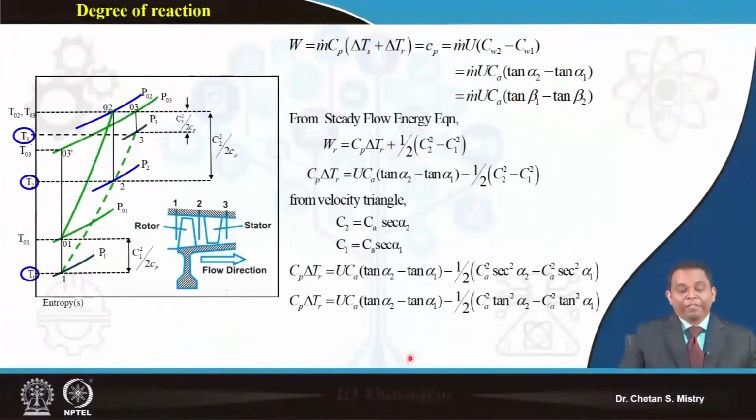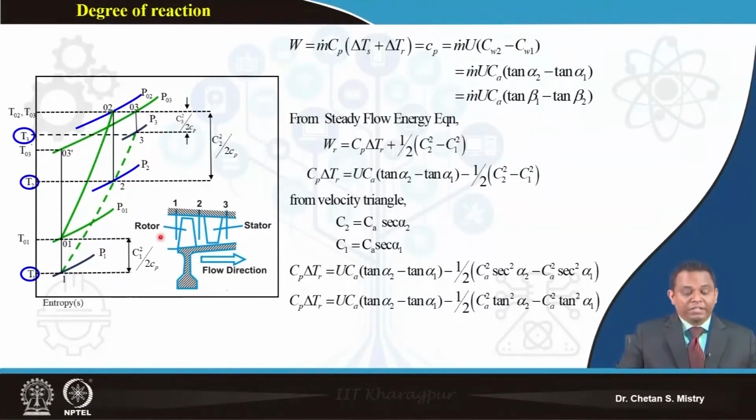From the fundamental equation for specific work, we can write work as m dot Cp delta T, which we can represent as m dot u into Cw2 minus Cw1. This Cw1 minus Cw2 can be represented in terms of the flow angles alpha 1 and alpha 2, and beta 1 and beta 2.